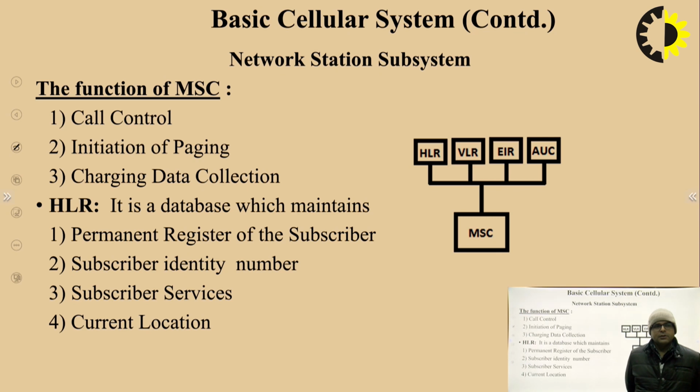HLR is known as the home location register, which contains the permanent information of the subscriber. It contains the subscriber identity number, the services which the subscriber has subscribed to, and the location of the subscriber. So this home location register contains the information of the subscriber which is located at their home location.